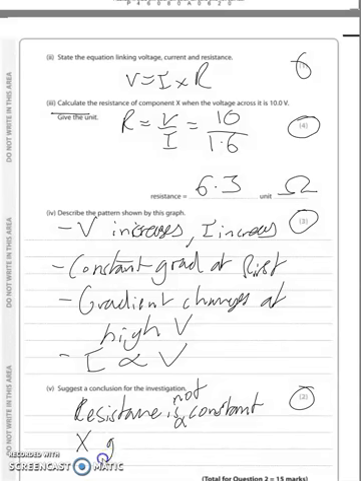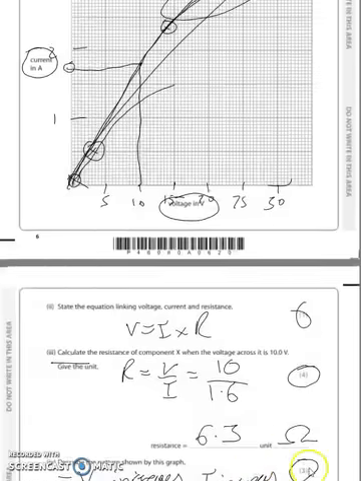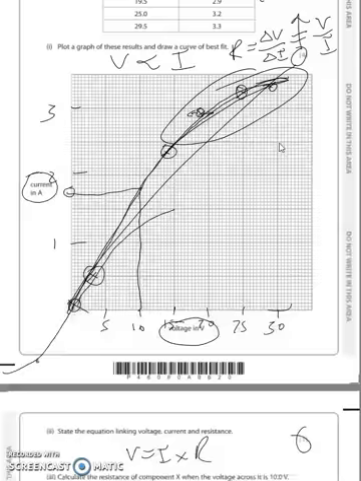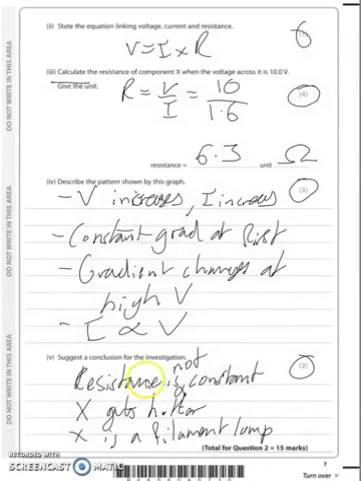Because X gets hotter. As it gets hotter, the resistance goes up. So you need more voltage in order to get the same amount of current through it as you did before. So X is a filament lamp. It's a very distinct type of graph for a filament lamp. If it was going down the other way, we would see it do that. So you should recognize this as being the graph for a filament lamp. And that's question number 2.